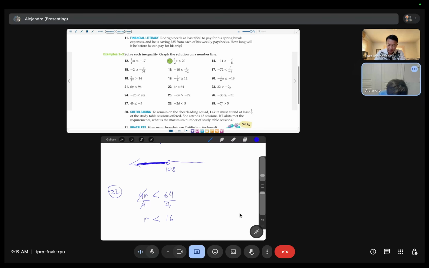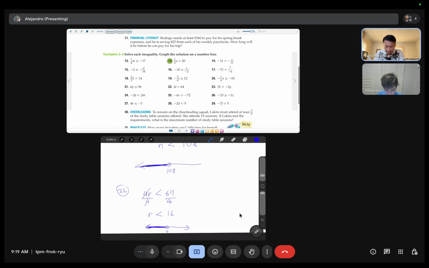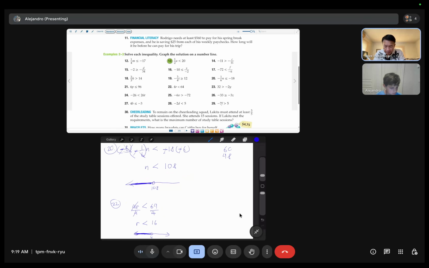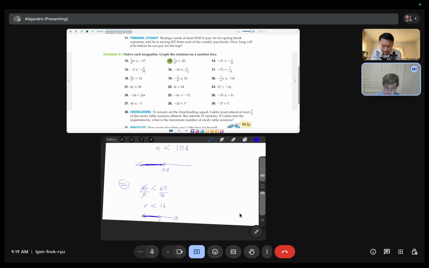Yeah. Okay, so that's it, and just graph. 16, open dot, shade. And double check my math. I think that's good. Is that okay? All right. Yeah, I think it's good.